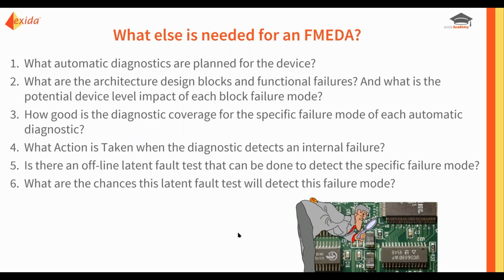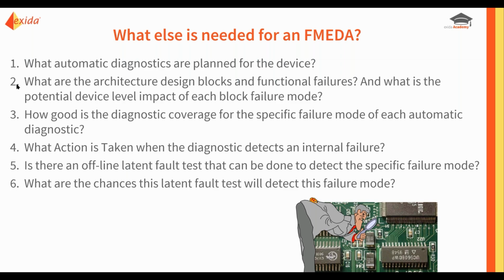So instead of thinking we have everything we need, we really sat down and figured out what do we really want before we start an FMEDA and what documents will provide this information. Well, we need to know what automatic diagnostics are planned for this device.